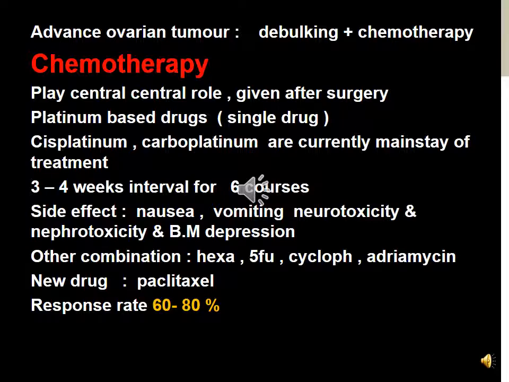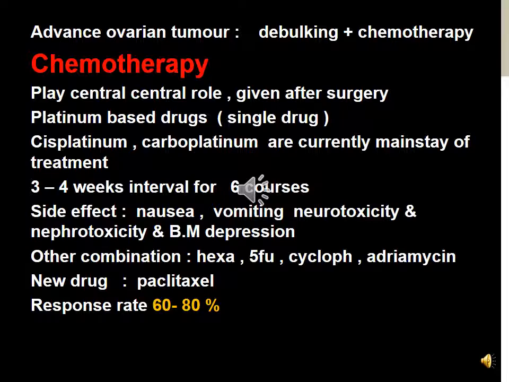Now I'm going to discuss the role of chemotherapy. Chemotherapy plays a central, important role after surgery. We depend on a single drug regimen to reduce the risk of side effects of cytotoxic drugs.